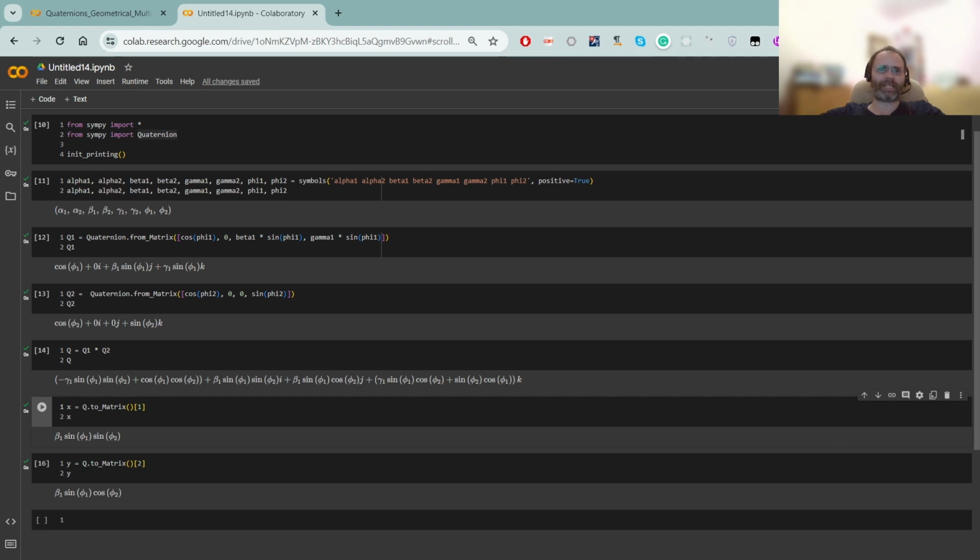That is, the resulting quaternion lies in a plane that is perpendicular to the xy plane. Consequently, the plane in which the result lies is obtained from the original one by rotating around the axis of the second quaternion by some angle. And it is obvious from this formula that this angle is phi 2. So it's the angle that is set by the second quaternion.